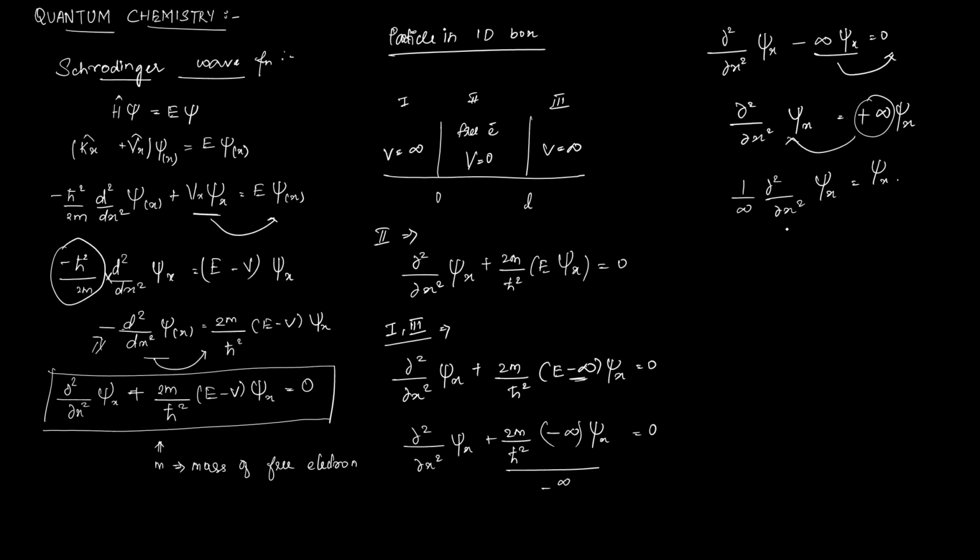Okay, so what is psi of x equal to? Here we have 1 by infinity. So 1 by infinity is going to be 0, so this entire term is going to be 0, which means that your wave function psi of x is going to be 0 outside this boundary condition.